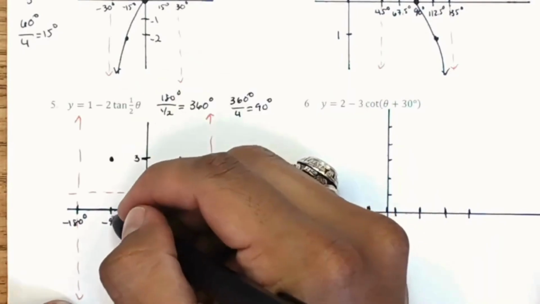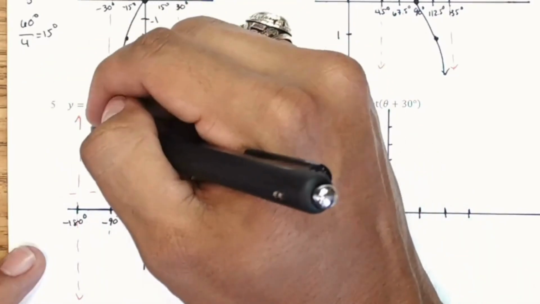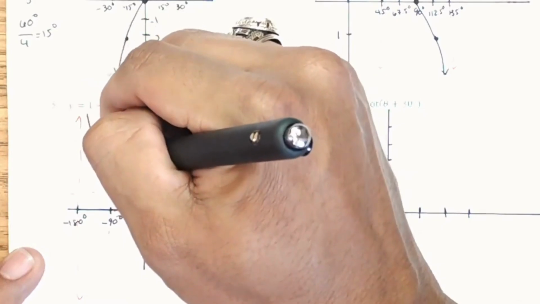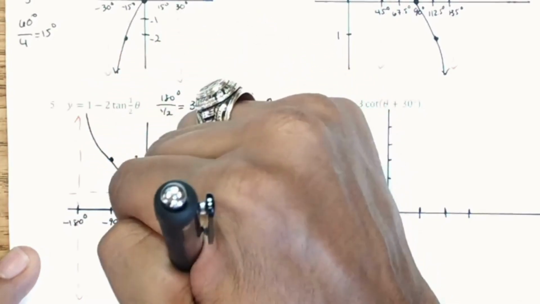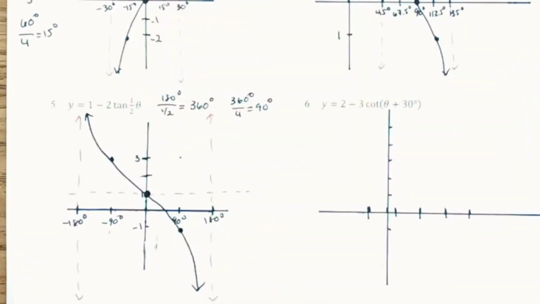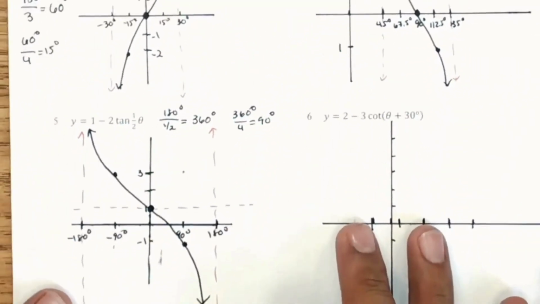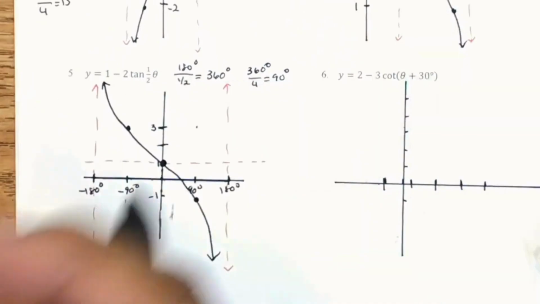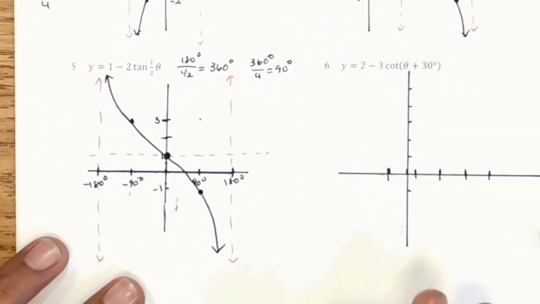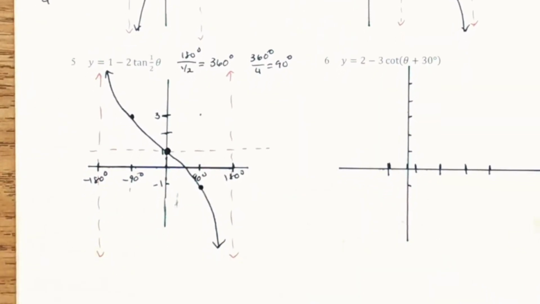It would have been down here at -1, but we reflect it. So my graph ends up looking like this, which is a horizontal stretch since we divided by 1/2, just to show you what it looks like compared to our parent function. Again, with tangent, we move the middle, and then we have our quarter points, 2 of them to the right, 2 of them to the left.